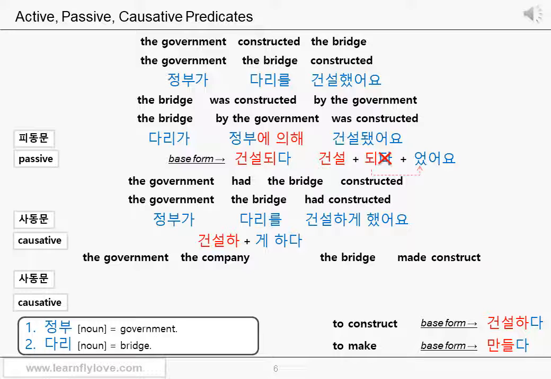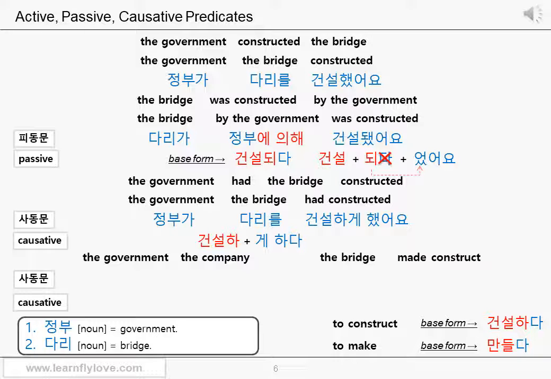Let's just say that someone is the company. The government, the company, the bridge, made construct. Let's take a look at the predicative part first. Made construct. We'll tell you something new. The direct translation of the verb make is 만들다 in Korean.